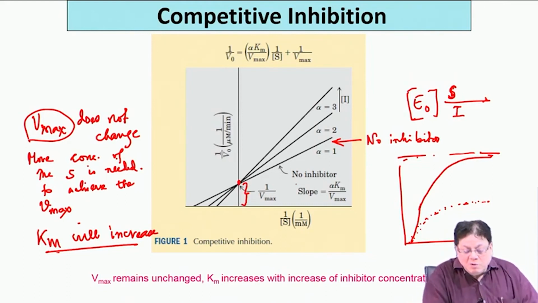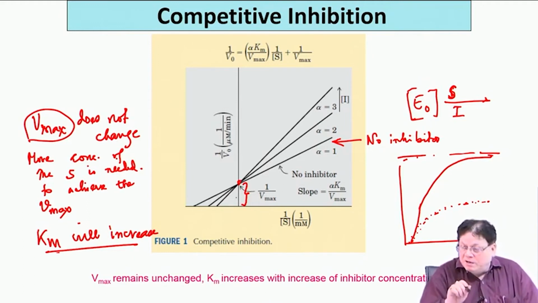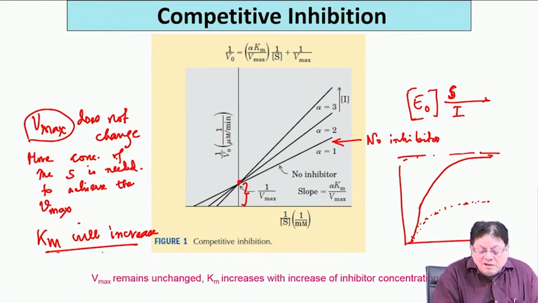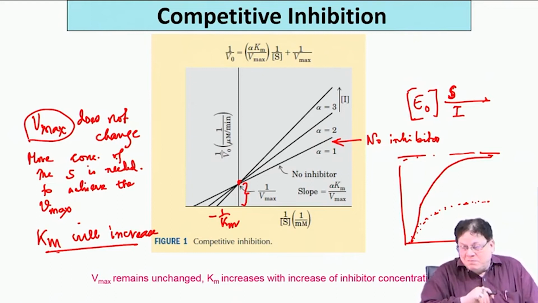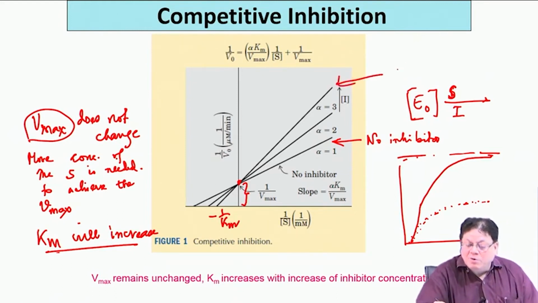So they will all cross the y axis at the same point. But what happened to the Km? The Km will increase. Remember, this is minus 1 by Km. So if Km increases, 1 by Km decreases. This is in presence of inhibitor, some concentration of inhibitor.